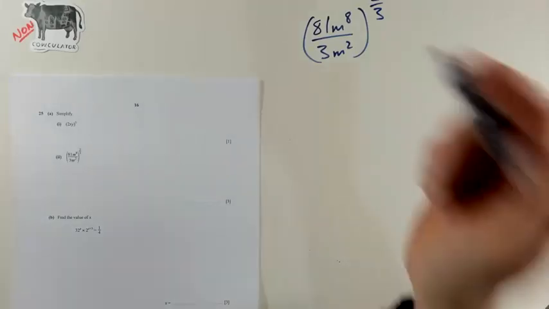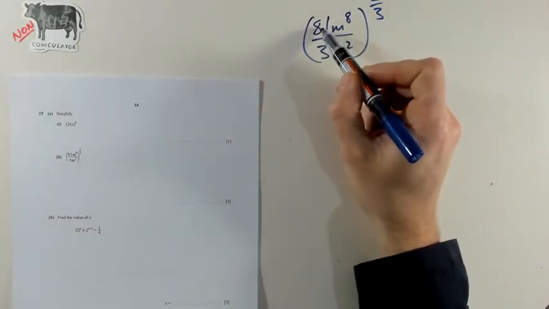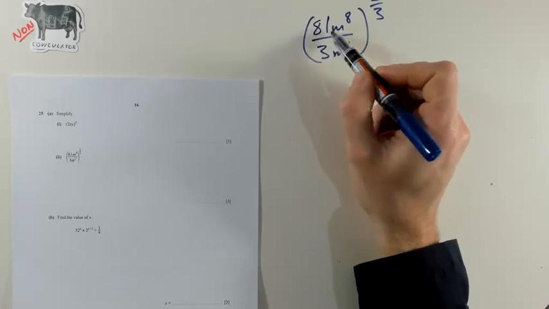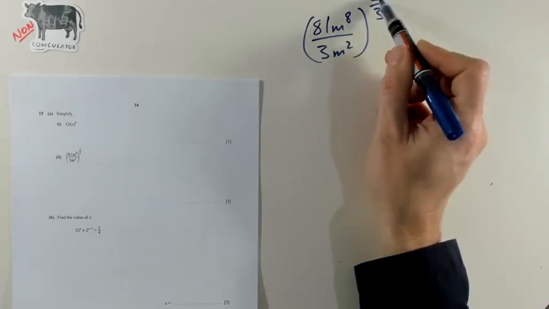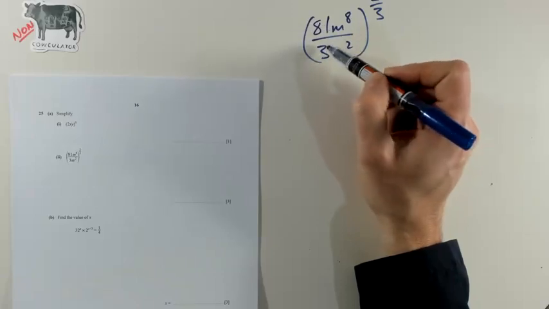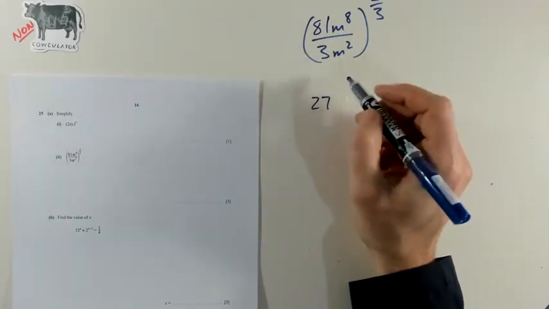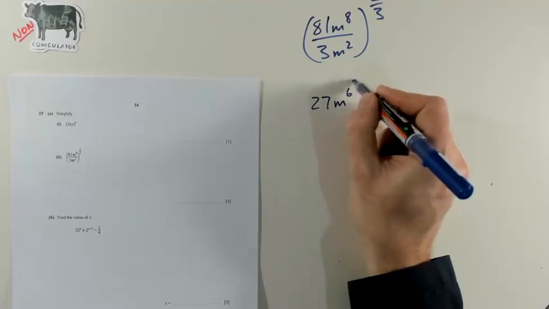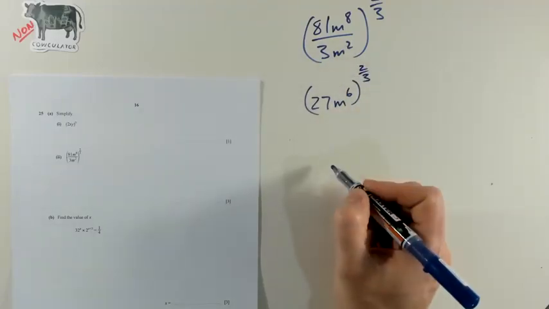Now, usually what I'd like to see is I'd probably want to make 81 3 to the power of 4, but I'd probably simplify this first before I continue. So 81 divided by 3, that should be 27. And then index rule, that should be m to the power of 6. So I think that is probably the best route to go.